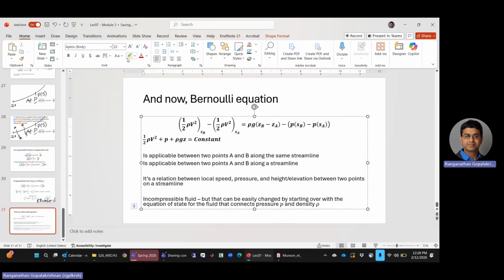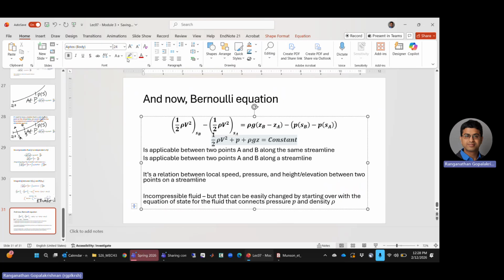And this is true also between any 2 points. So this is just another way of writing the Bernoulli equation.